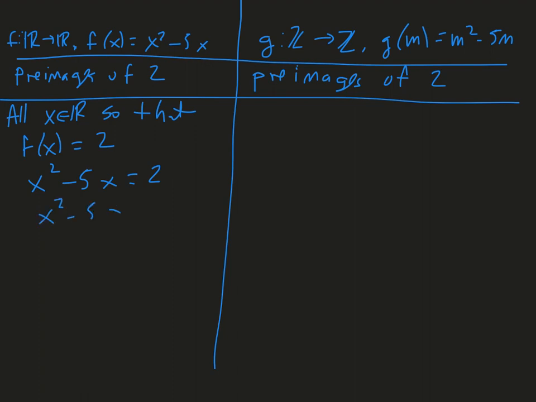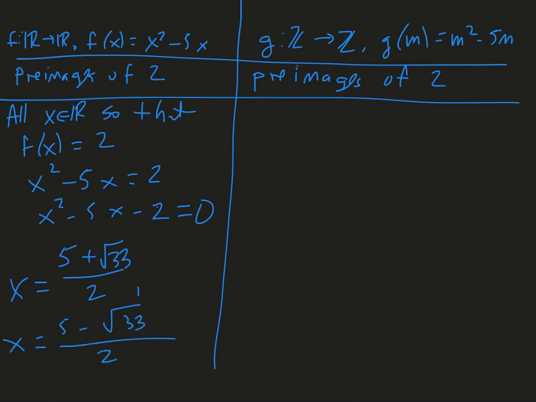x squared minus 5x minus 2 equals 0. This doesn't factor at all. As a matter of fact, you have to use the quadratic formula to solve it, and you'll get that the solutions are x equals 5 plus root 33 over 2, and x equals 5 minus root 33 over 2.